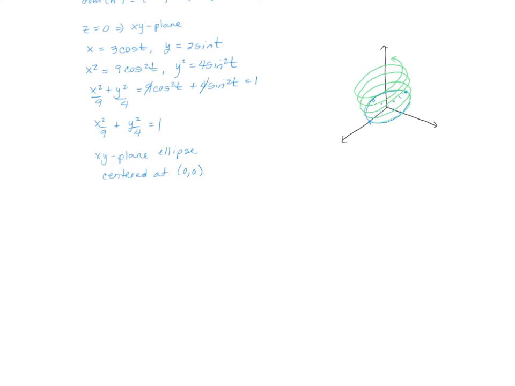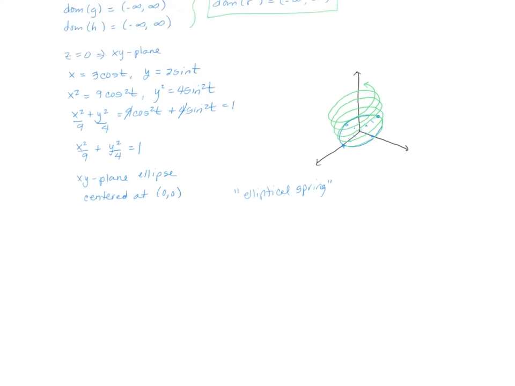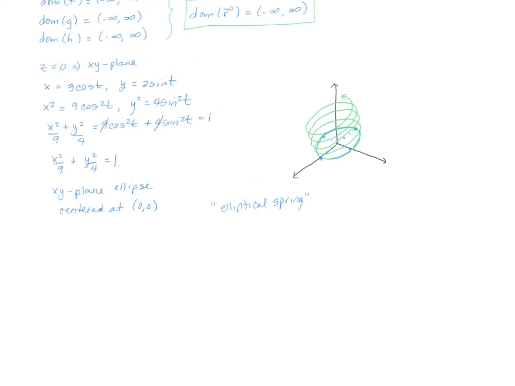Now this looks like a spring, right? So maybe we could say that this is an elliptical spring. And if you've already had a lot of physics classes, you might also recognize this as being a helix. Helixes do come up quite a bit. That's why I wanted to go over the graph of a helix now.